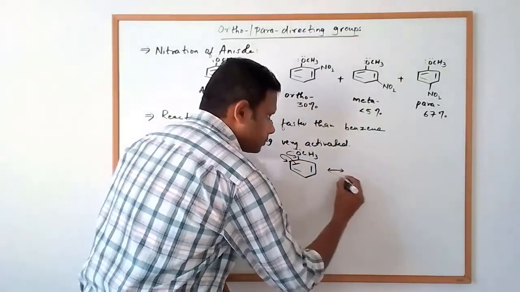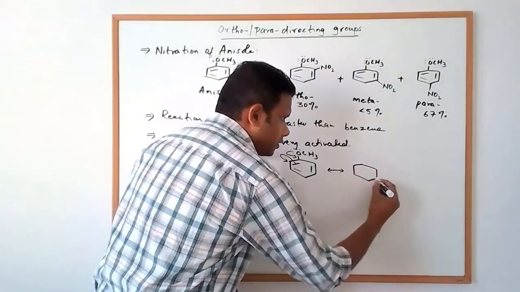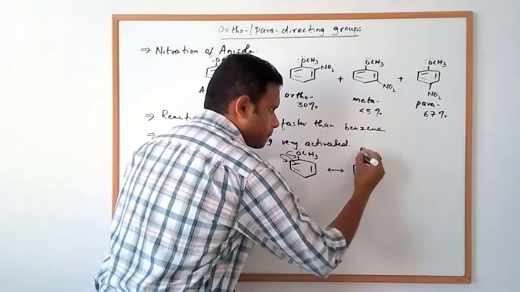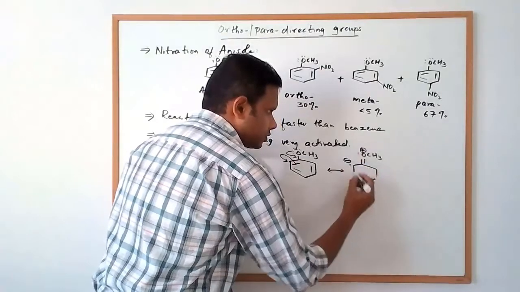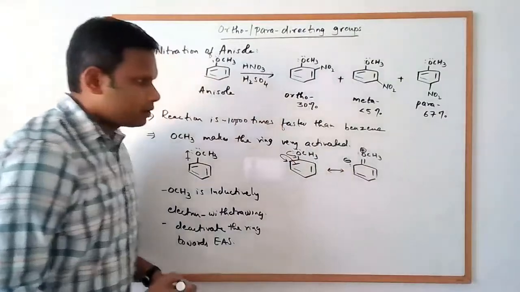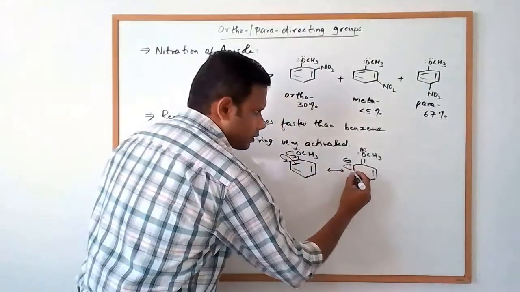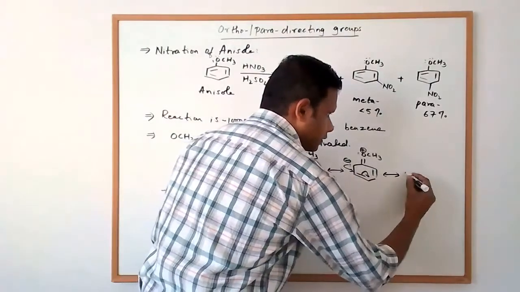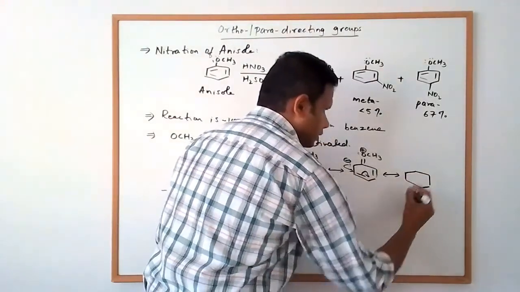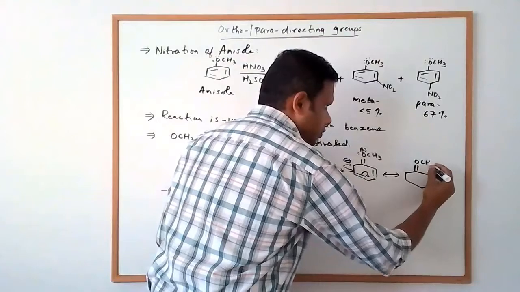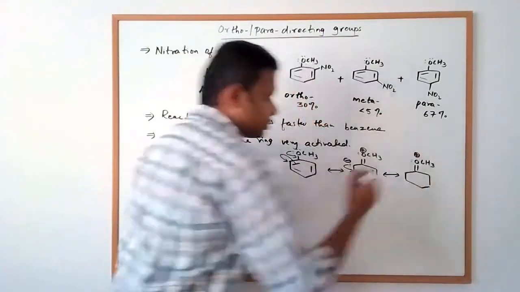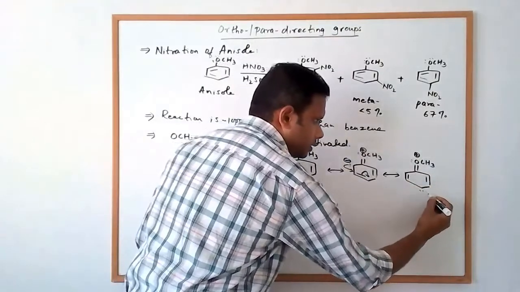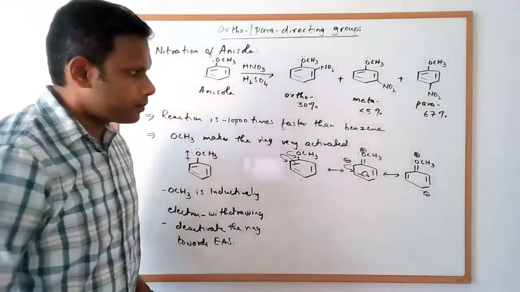So we can write several resonance forms here. A negative charge here, double bond, double bond. Electrons would get pushed. Double bond to OCH3 with a formal charge, lone pair over there. Double bond here, and negative charge over here.